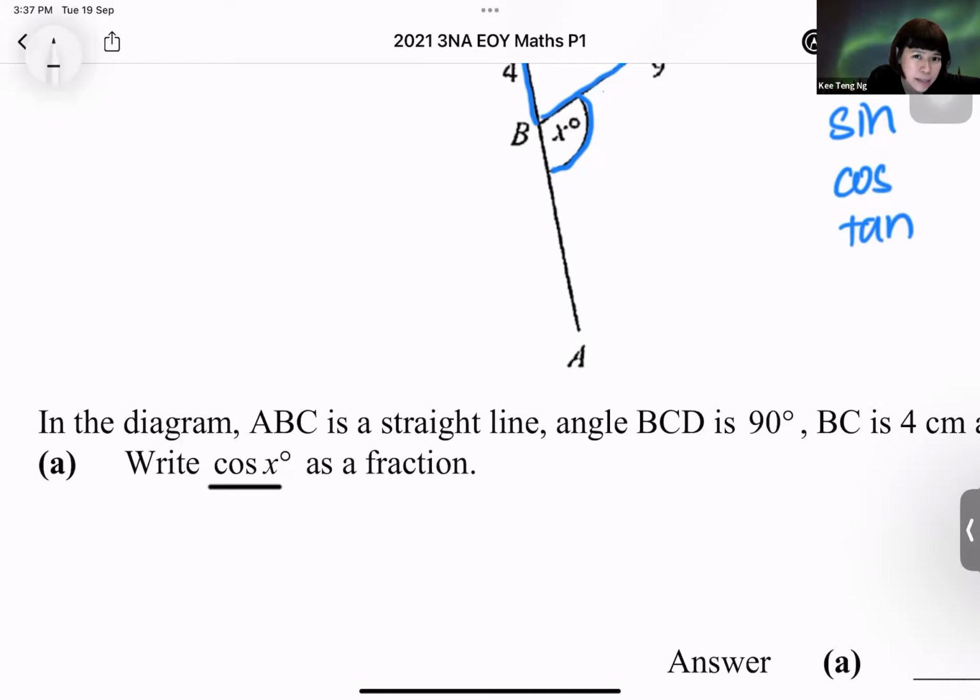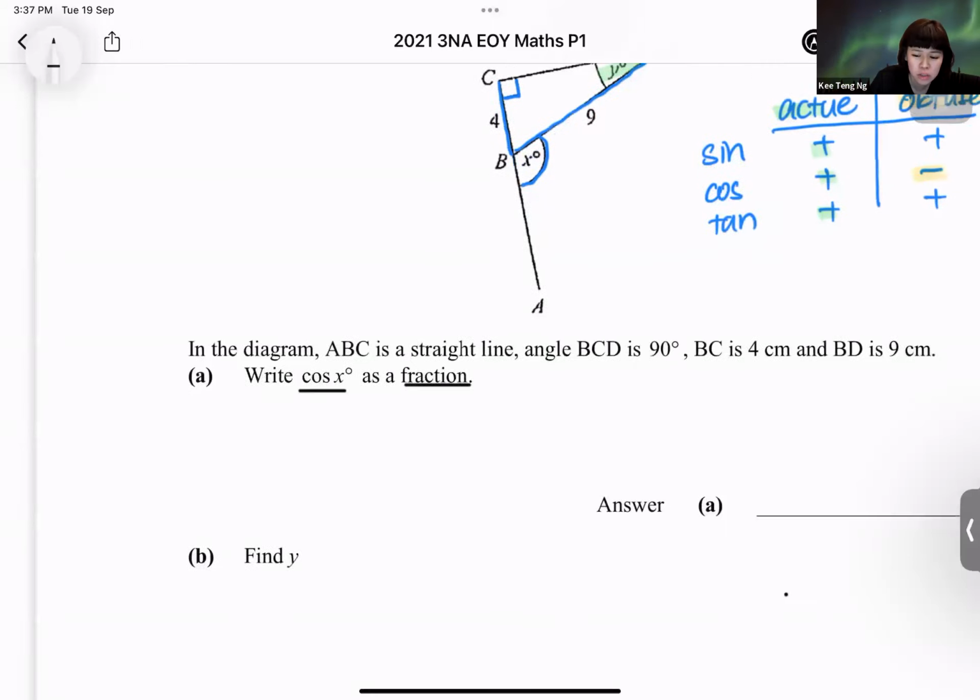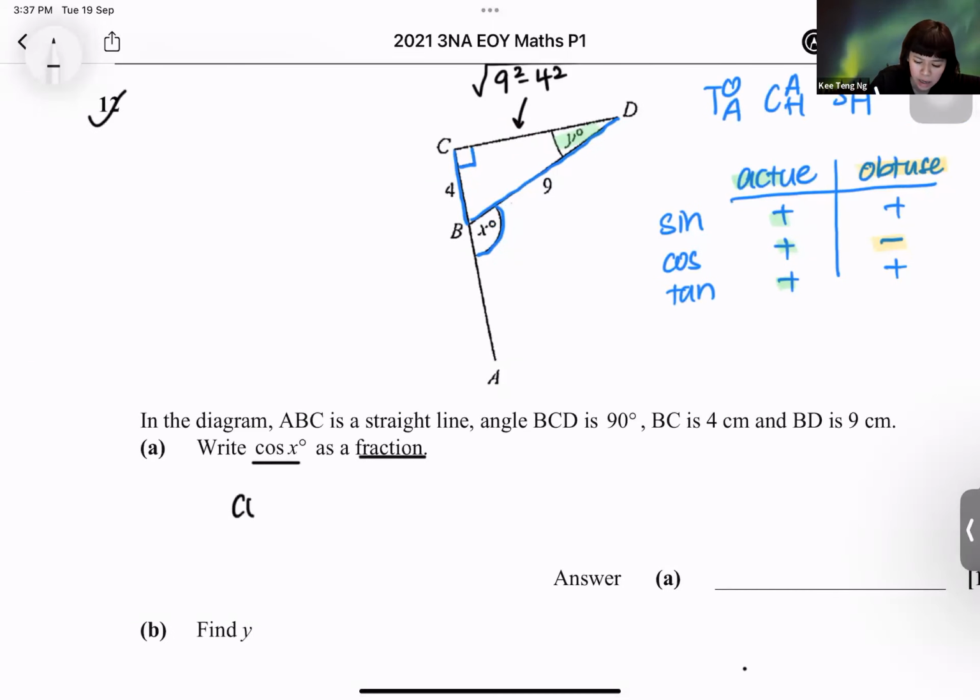Or do they want a length? They want it as a fraction, am I right? So this is asking for the cosine ratio. Cosine of the angle is given by CAH, adjacent over hypotenuse. So it's just a fraction.